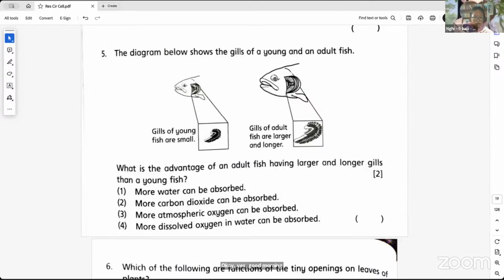Teacher, I think the answer is number 4 because when the fish grow up, more dissolved oxygen in the water can be absorbed. Yes, you are absolutely right. Thanks a lot. So, the answer is number 4, because the larger and longer the gills are, the more dissolved oxygen can be absorbed. Therefore, adult fish have a very good advantage compared to a young fish.